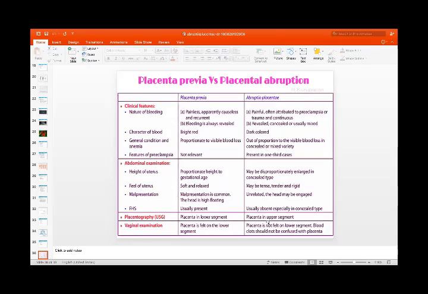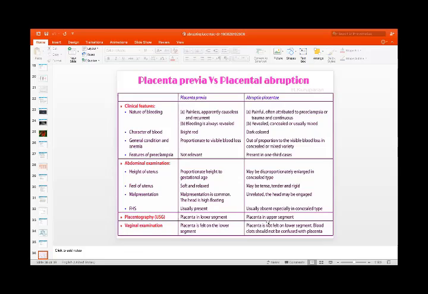On clinical features, bleeding in previa is painless, while it is very painful in case of abruption. In previa, bleeding is recurrent. It will be bright red in color and proportionate to the visible blood loss, and features of preeclampsia may not be present.